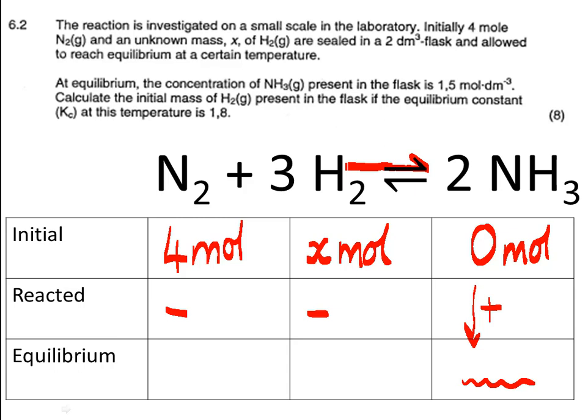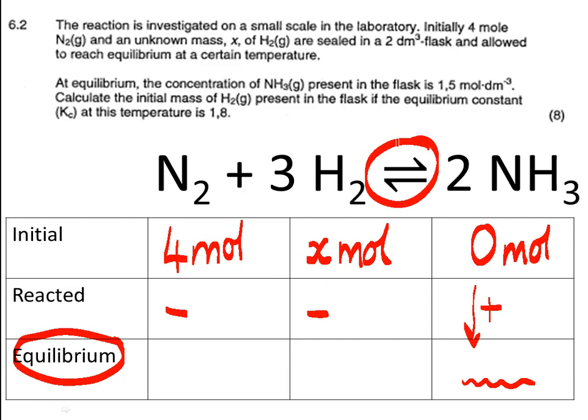But as the ammonia gathers, the reverse reaction will increase in magnitude until the 2 of them are equal to one another. In other words, until we reach equilibrium. And once we've reached equilibrium, the rates of forward and reverse reactions will be equal to one another, and then the number of moles of nitrogen and hydrogen and ammonia will not change over time. But of course, we don't yet know what those amounts are.